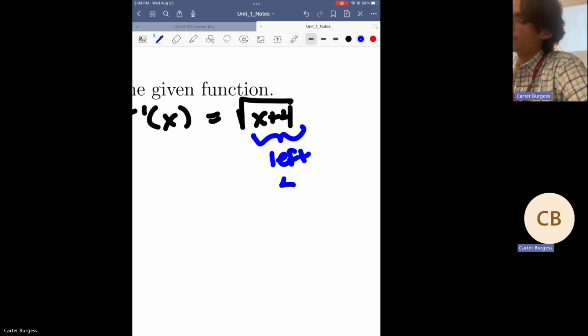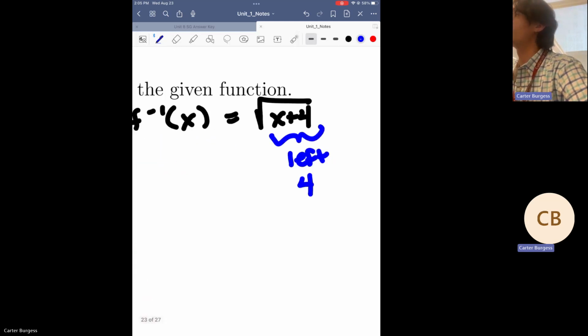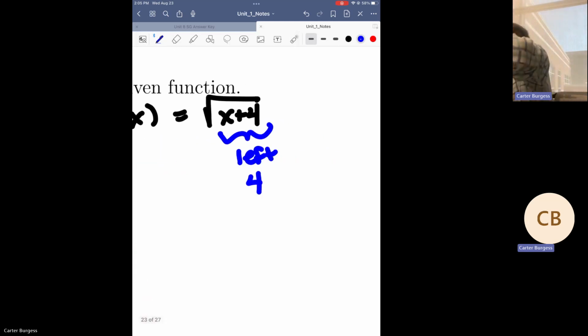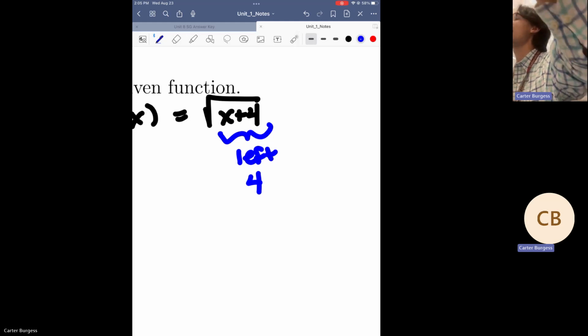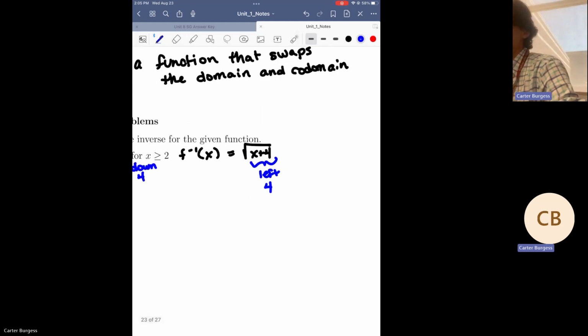We have gone left 4, where before we were going down 4. Our x's and our y's have traded places. That will work for vertical reflections and horizontal reflections. That would work probably for vertical compressions and horizontal compressions as well. We're not really going to look at those, but noting here that everything that has to do with x is being replaced with something to do with y and vice versa.